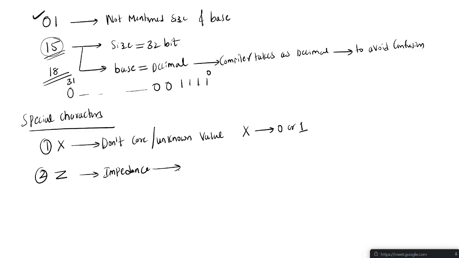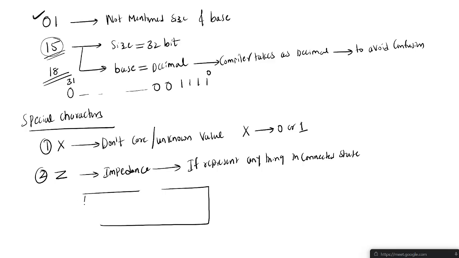That means if we represent anything in an unconnected state, like you have a wire that is unconnected. In the analog part also we already saw high impedance and low impedance for the transistors. Is it fine? Yes, sir.